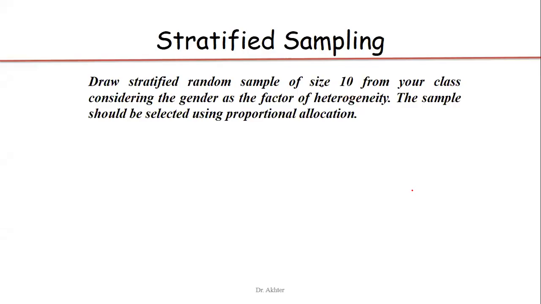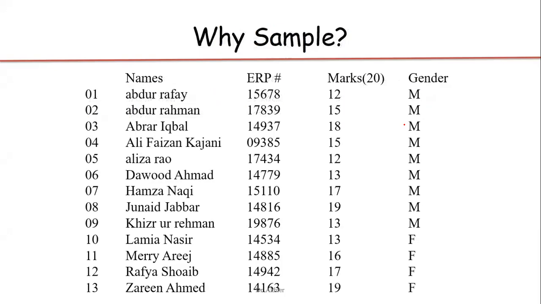Now you have to draw a random sample from the same population given on the previous slide, by using a stratified sample. And you have to draw a random sample of size 10 from the entire class.